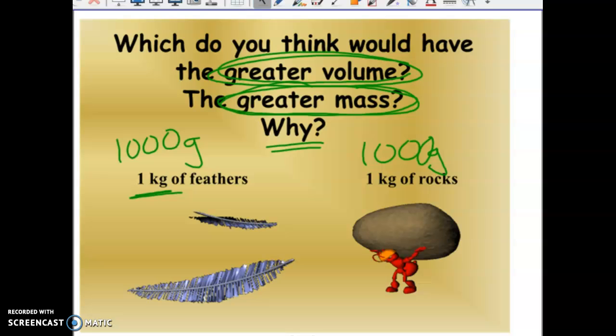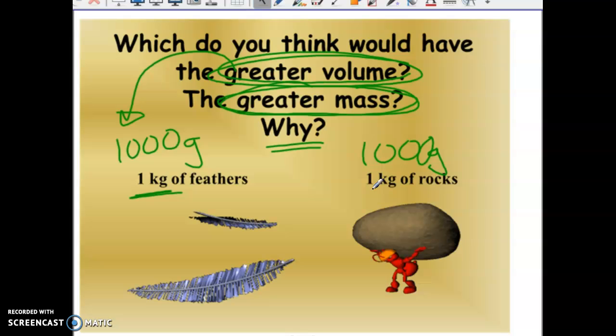In terms of what would take up the greater amount of volume, it should be our feathers. The reason for that is because feathers are relatively light, so you would need a lot of feathers to make up 1,000 grams or 1 kilogram. Whereas for 1 kilogram of rock, you probably don't need a whole lot of rock.